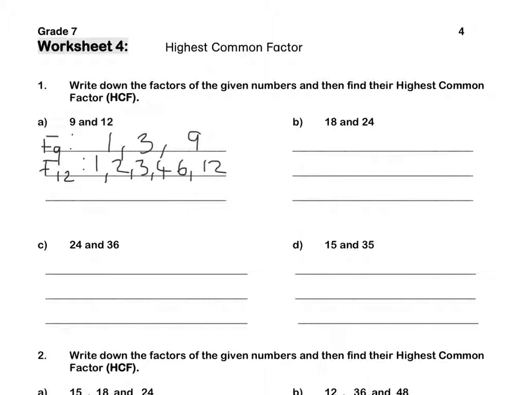Now my common factors are 1 and 3, but we want the highest common factor, which is 3. Therefore, the highest common factor of 12 and 9 is 3. Press pause to complete the rest of question 1 by yourself.